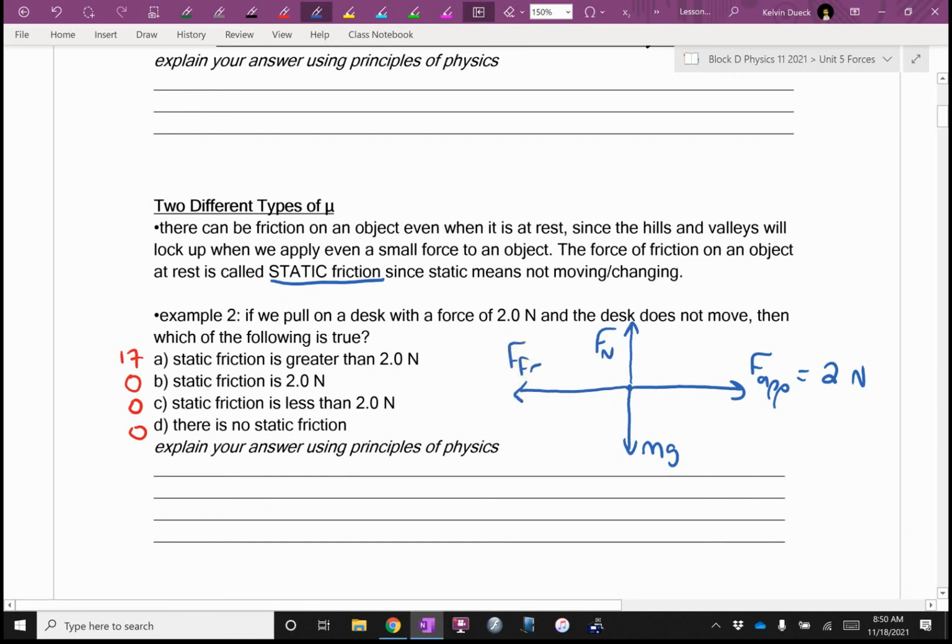What's the correct answer? Has to be. And it says explain your answer using, and I kind of used Newton's first law again because it wasn't accelerating. The forces must be, I'm looking for the special letter, balanced. Is that all right? By the way, if it was bigger, what that would mean is as soon as I let go, the desk would have knocked my back, it would have gone shooting that way.